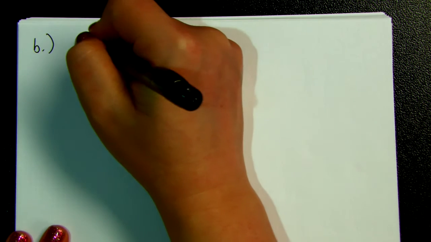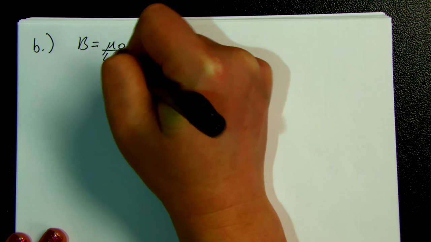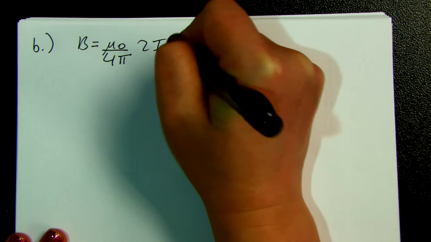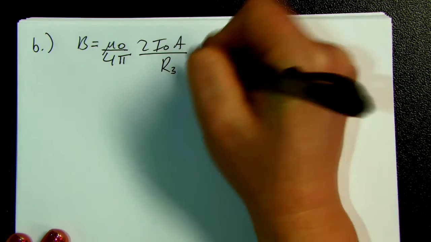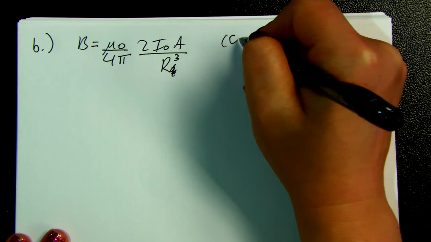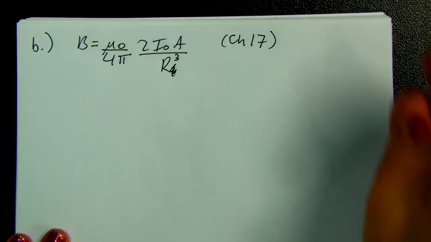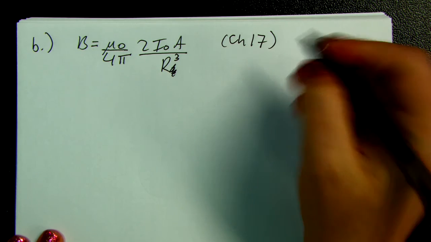So we need the magnetic field at the center of the loop. B is equal to mu naught over 4 pi times 2 I naught A over R cubed. This just comes from chapter 17 for the magnetic field at the center of the loop.